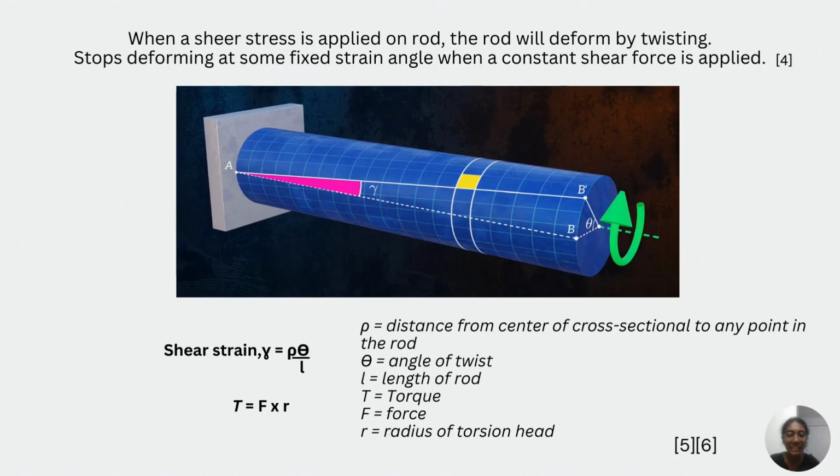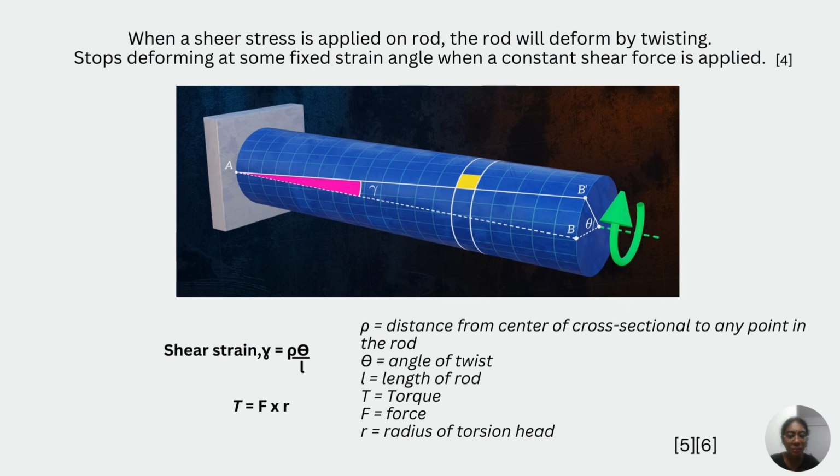When a rod is attached to the torsion bar, the original position of the rod will be at AB. When a shear stress is applied on the torsion bar, the rod will deform by twisting. The rotation and deformation will stop at some fixed strain angle, which is called the angle of twist. When a constant shear force is applied, the rod will move to a new position labeled B prime.